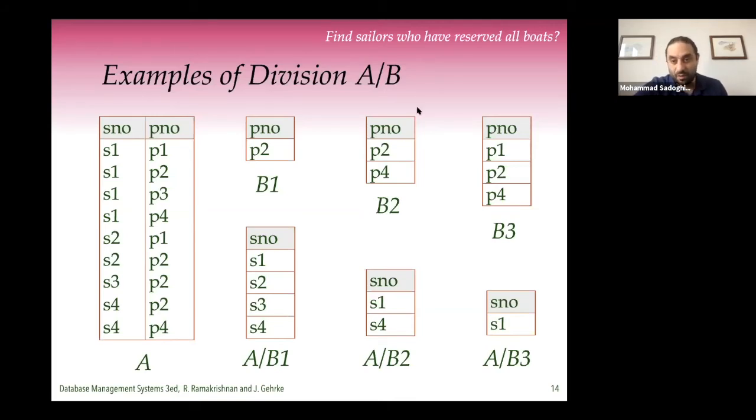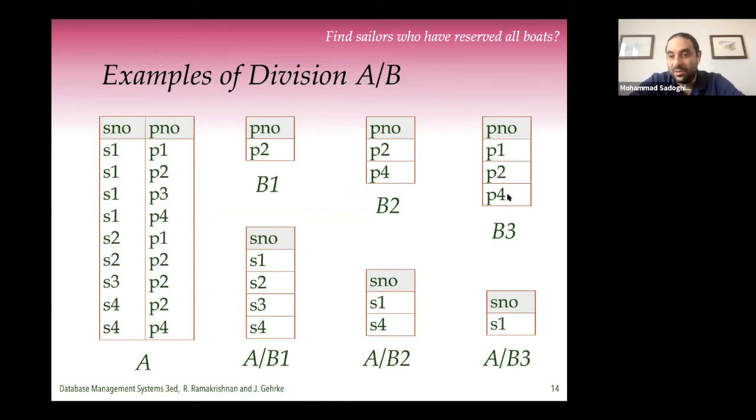As long as they have reserved at least one of these boats, they will show up in our result, but it doesn't allow us to ensure that they have reserved all boats. This would only give us the sailors who have reserved one of these boats.